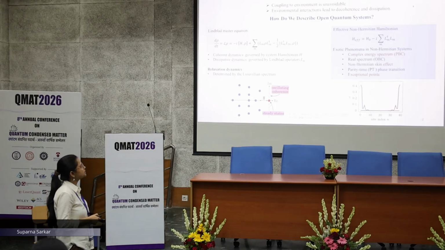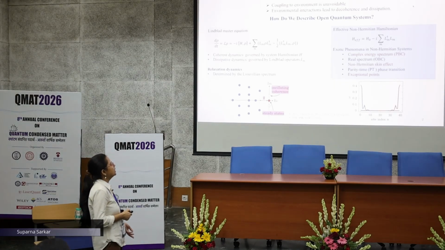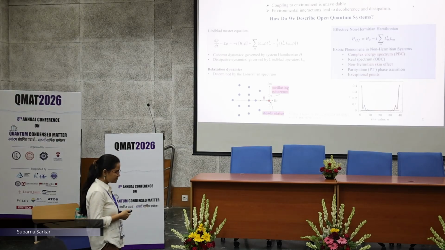The energy spectrum also depends strongly on the boundary condition: under periodic boundary condition it shows a complex energy eigenspectrum, and under open boundary condition it shows a real spectrum up to a certain dissipation value.